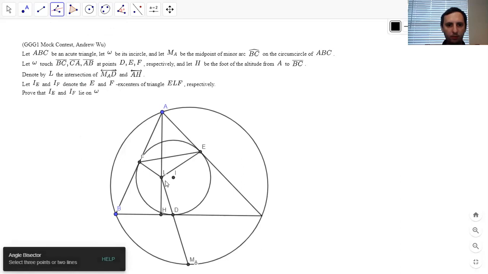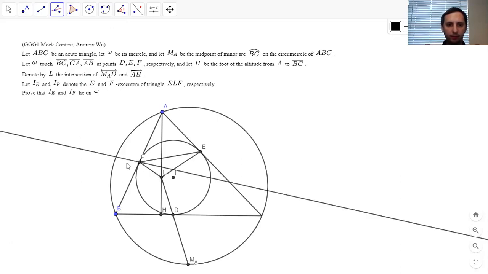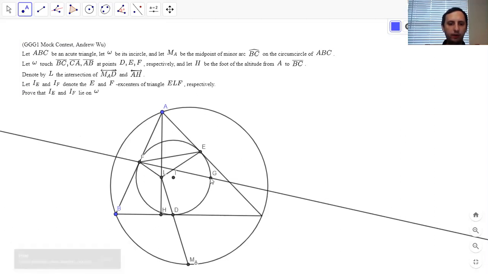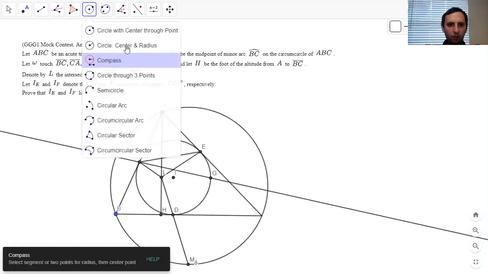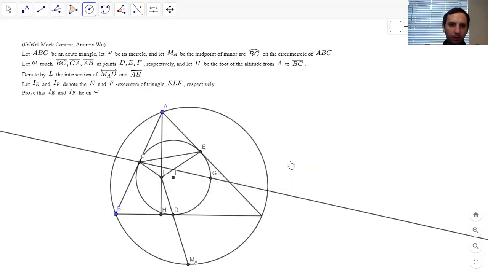So for example, if I draw the angle bisector of EFL and I let it meet the incircle at a point G, then we want to show that G is the X center. I wonder if AH is the angle bisector of FEL. Let's actually check this out. It doesn't, that's weird.